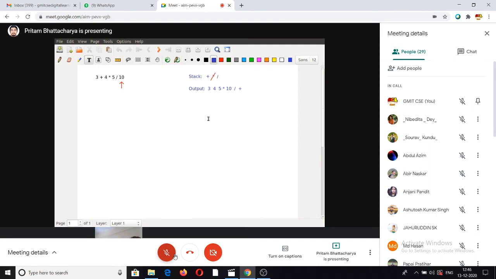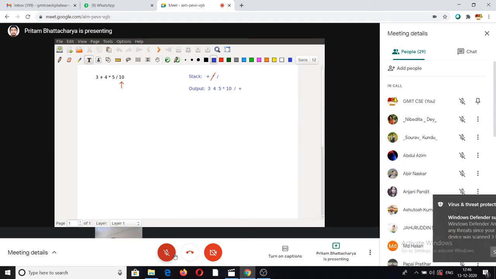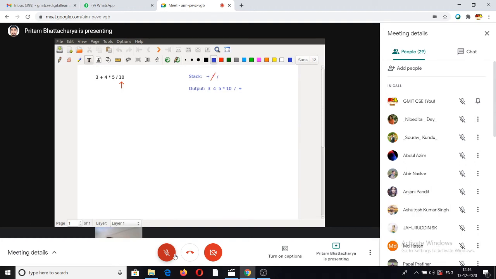Okay. So this was a simple expression because here you did not have parentheses or anything, just operators and operands. Now let us do one more slightly more complicated example where you also have some parentheses. Okay, so let me choose some example.